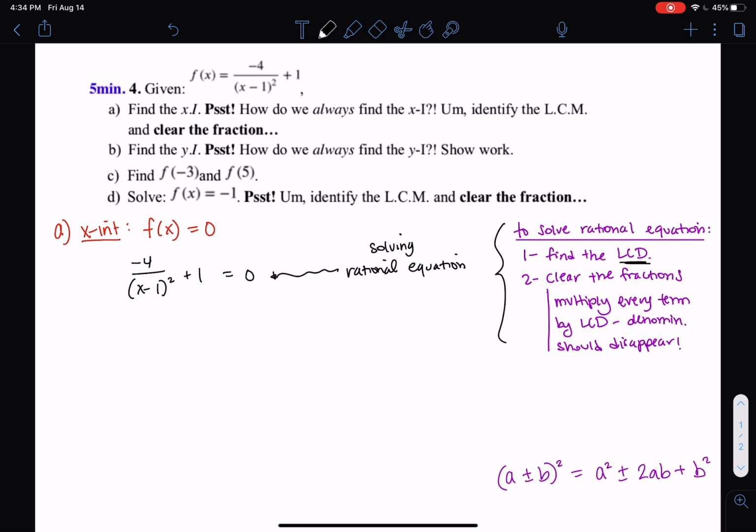Since we're given an equation, meaning we have an equal sign, we can multiply both sides by the same thing and keep the equation true. In this case, the least common denominator is (x minus 1) squared. Then we clear the fraction by multiplying every term by the least common denominator. When we do that, the denominators will magically disappear.